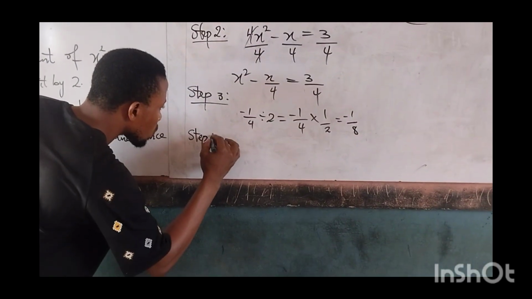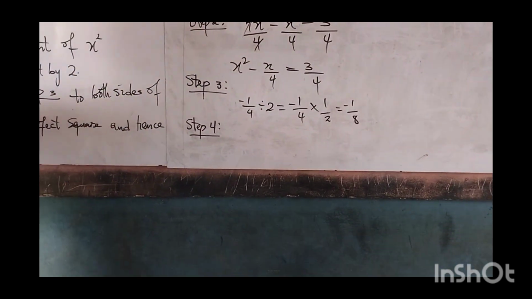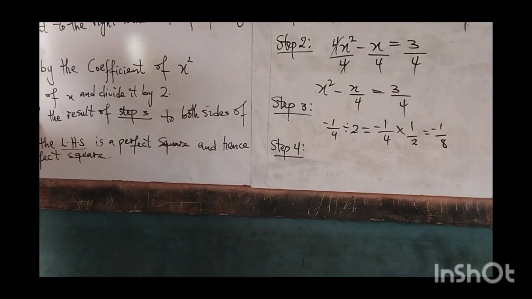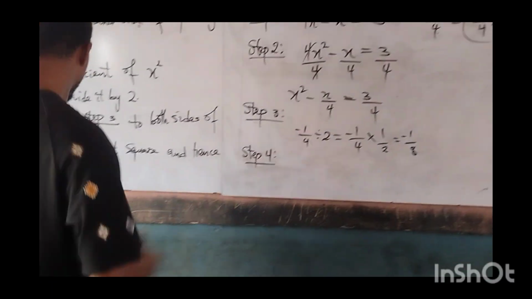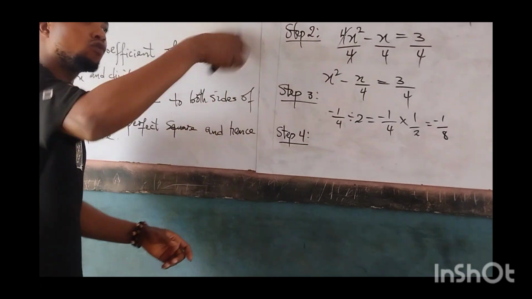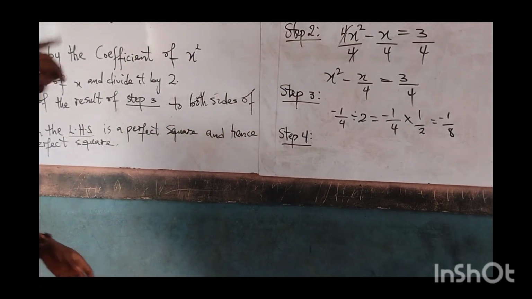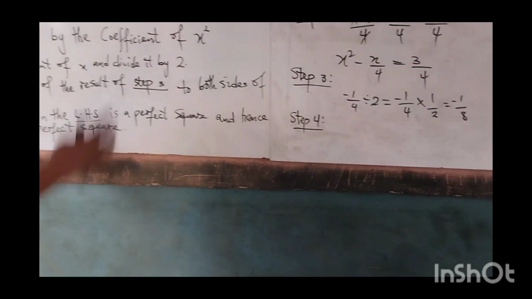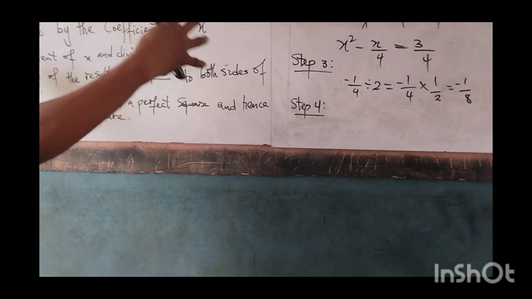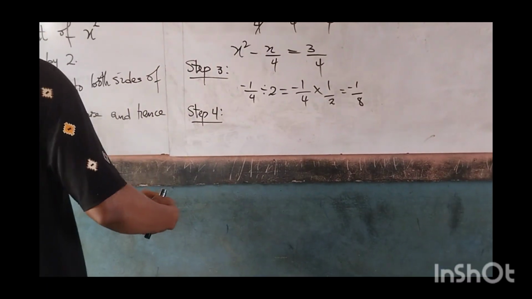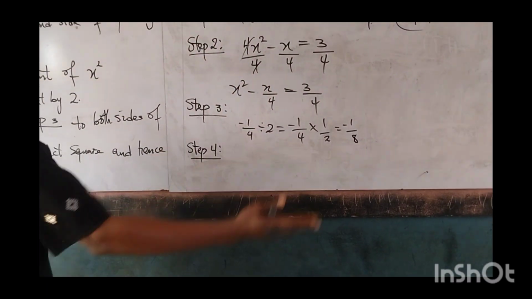Now, step 4. What is step 4? Step 4 states that you add the square of the result of step 3 to both sides of the equality symbol. It means you add the result of this one. When you square it, you add the result to both sides, that is this side and this side.